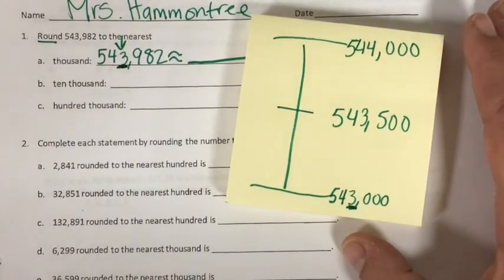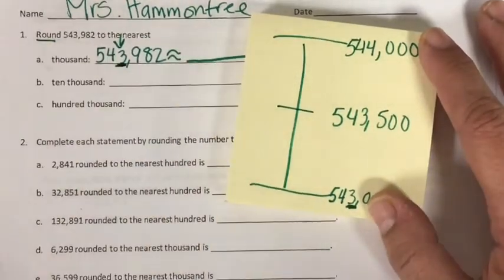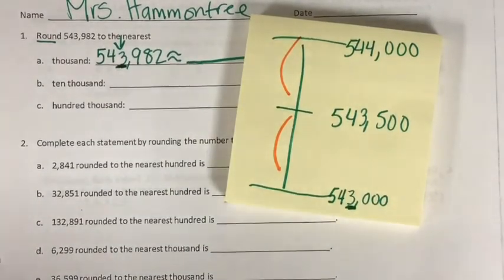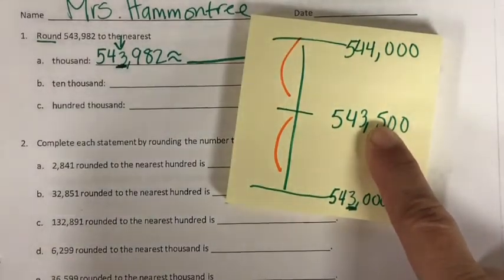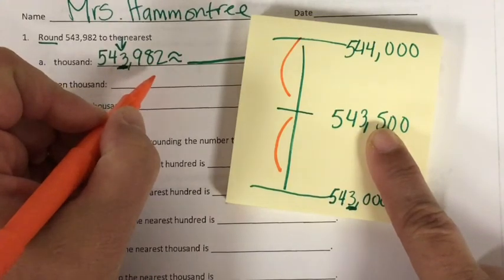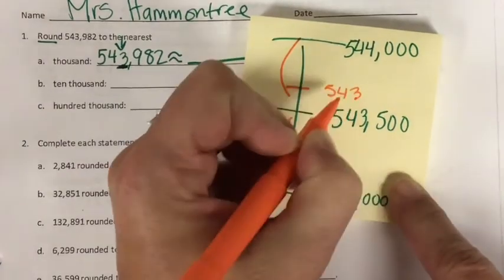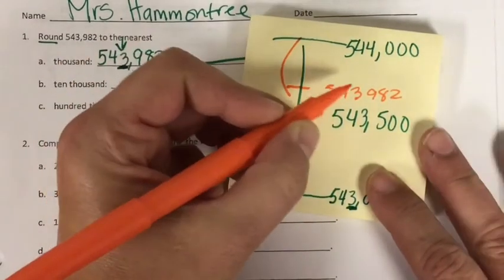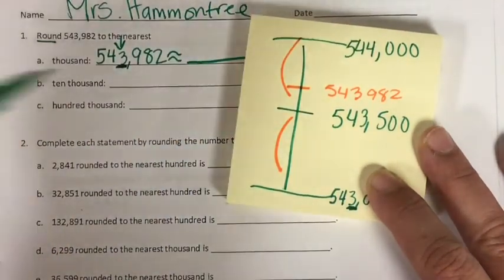Okay, well, what would go right in the middle? All right, now where would I put this number on the number line? Would it be in this chunk or this chunk on the number line? So let's think. Well, I know that here's 500 and this number is 982. So I'm going to put this number right around here. Or maybe since this is 900, maybe I should revise my answer.